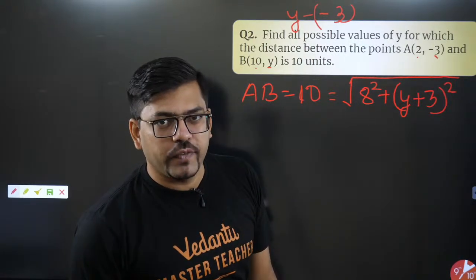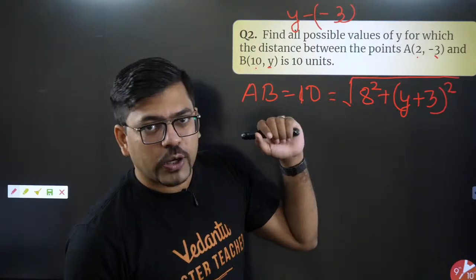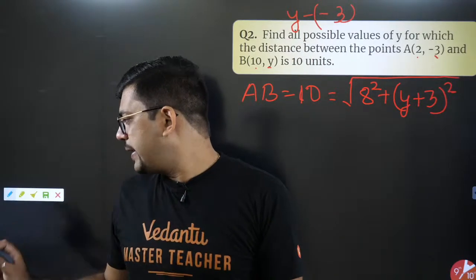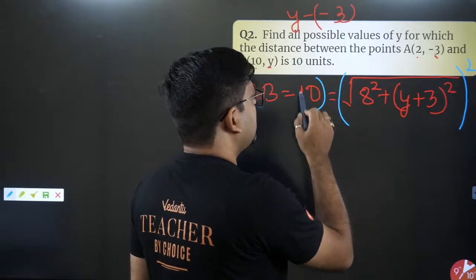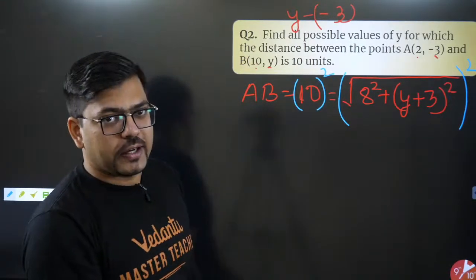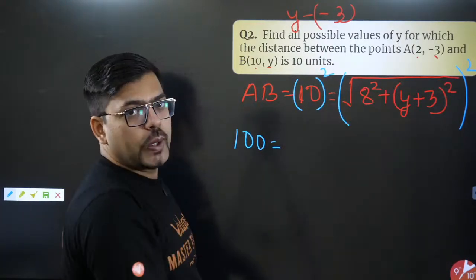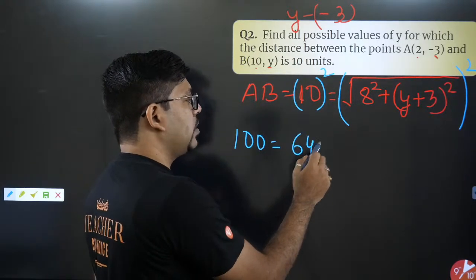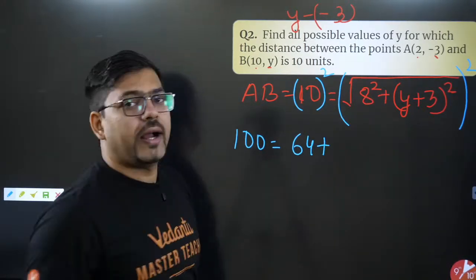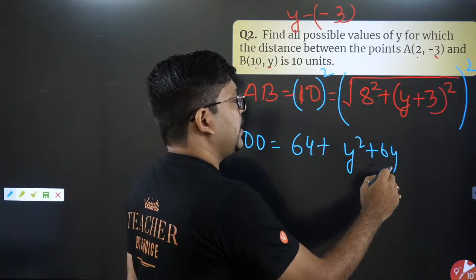To solve it, you will have to square both sides because you have to remove the root. So 10 square is 100. The square and root will cancel. So we have 8 square, that is 64, plus y plus 3 whole square, that is y square plus 6y plus 9.